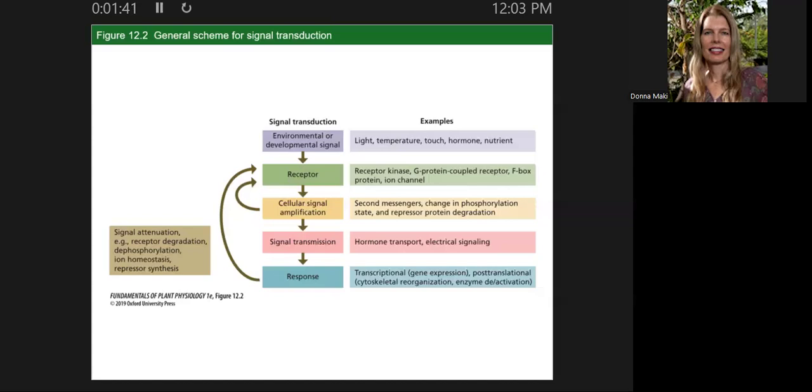Like, okay, we've done enough. We've created a flower, or we've responded to that pathogen, and now we don't have to keep doing that because it's been resolved or it's done. And so you need a way to attenuate, that's the fancy word, you attenuate the signal. And that can happen through a variety of mechanisms, which we'll mention later.